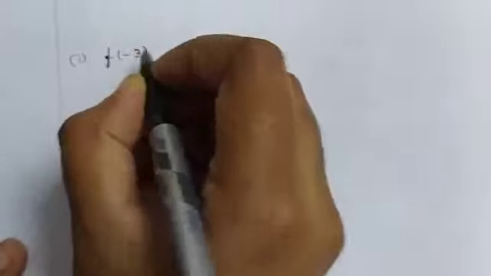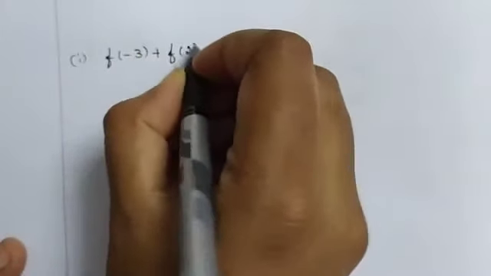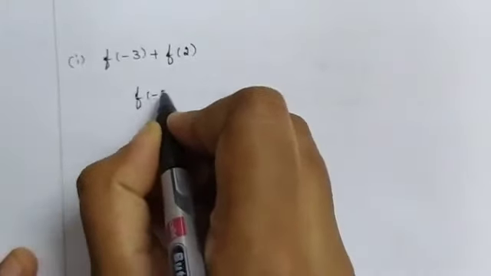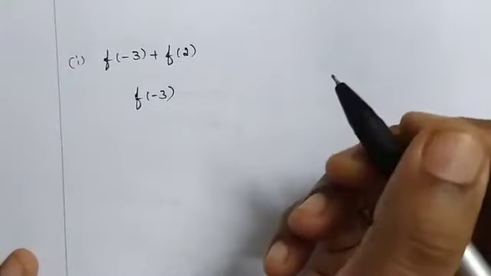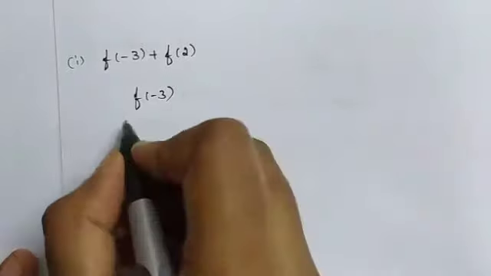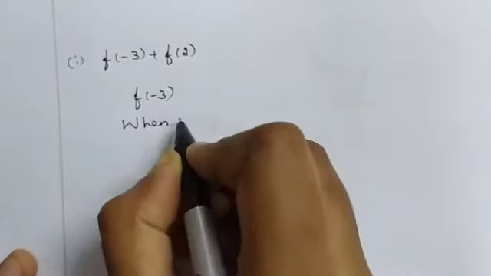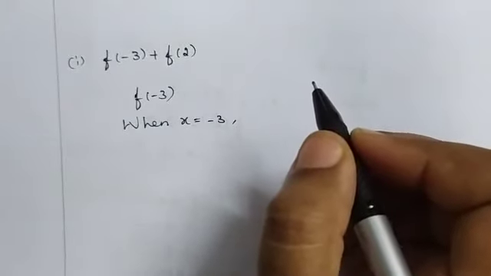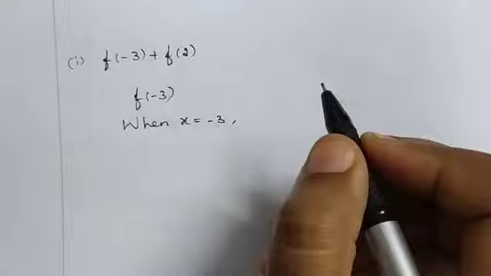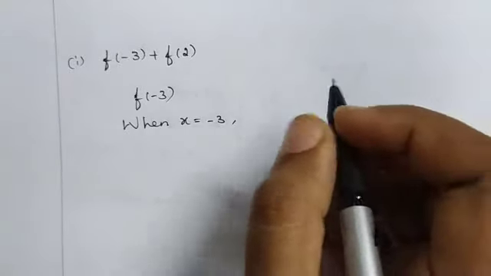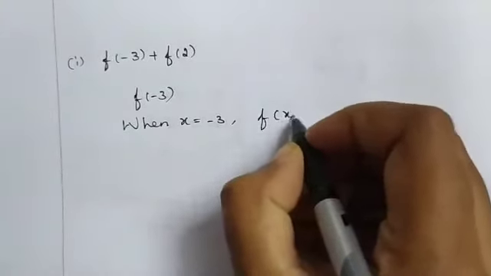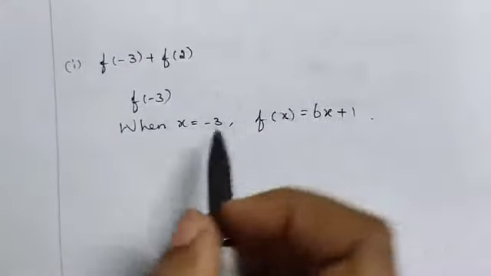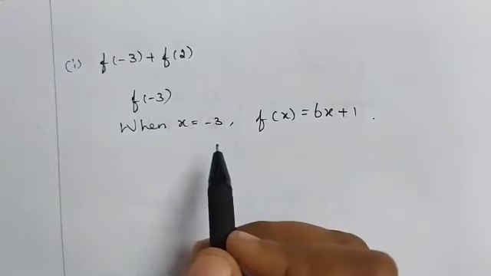f of minus 3 plus f of 2. First find f of minus 3. When x is equal to minus 3, see the value of x is equal to minus 3 in the first line. Therefore, f of x is equal to 6x plus 1. Once again, see the right hand side.